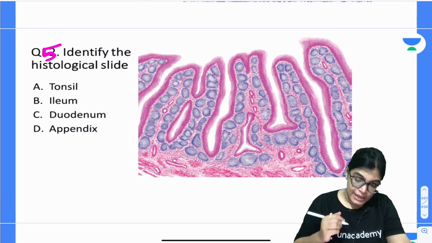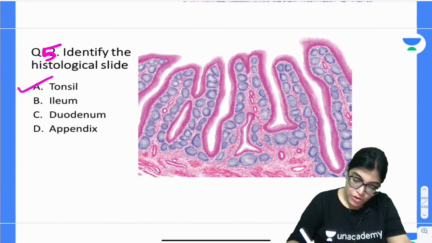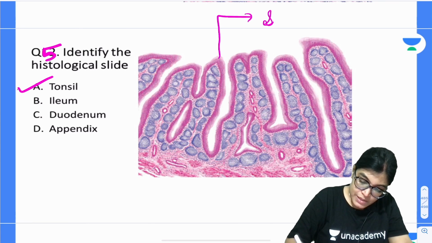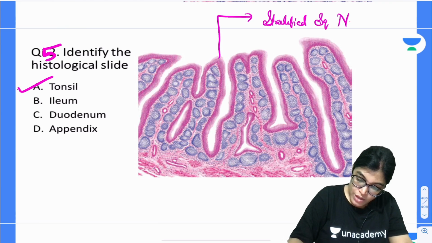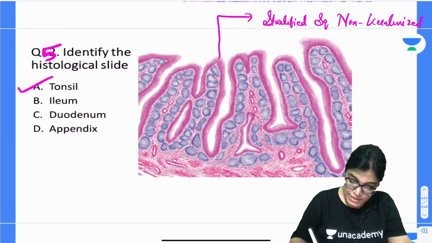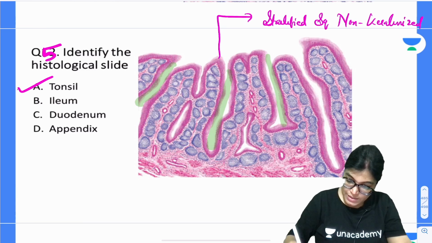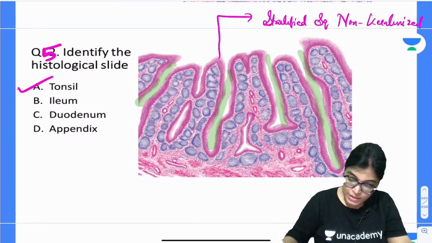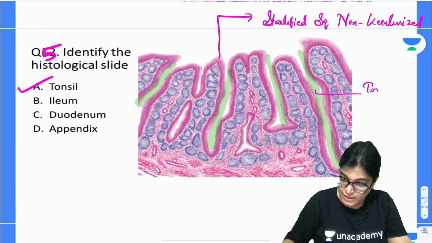My dear aspirants, the correct answer is tonsil. Why? Because of the lining epithelium, stratified squamous non-keratinized epithelium of the crypt. This is the medial aspect of the tonsil, and this is the tonsillar crypt.